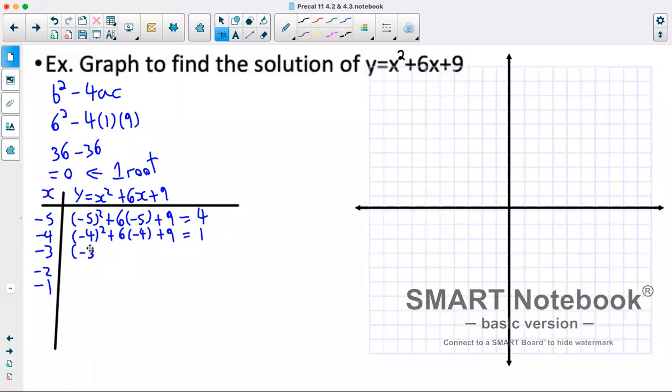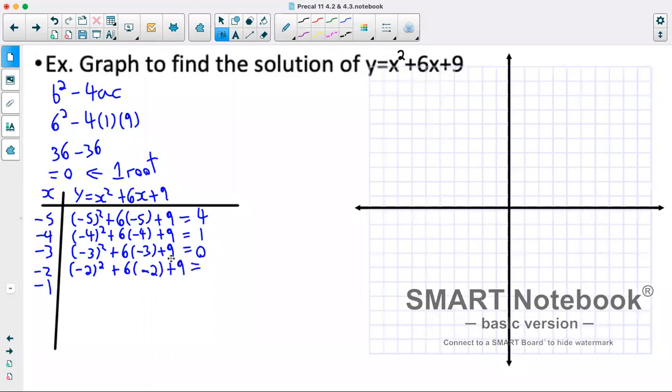Next, we have -3 squared plus 6 times -3 plus 9. So -3 squared would be 9. Then we'd have -18. So -9 plus 9 is 0. Next, we have -2. So -2 squared plus 6 times -2 plus 9.